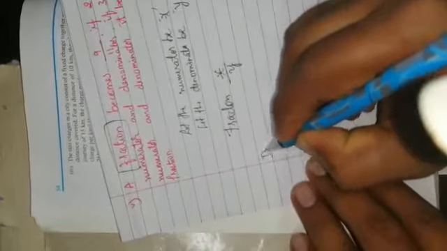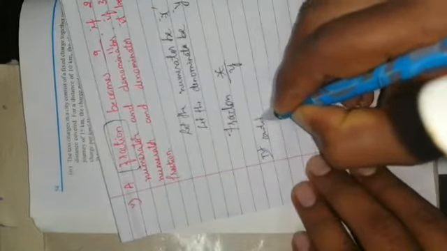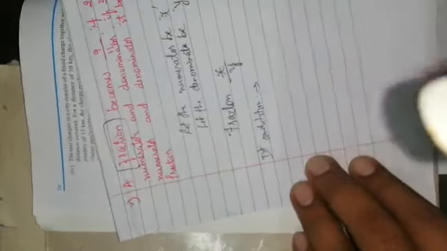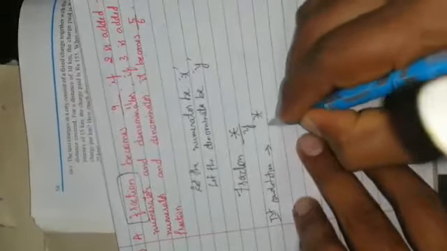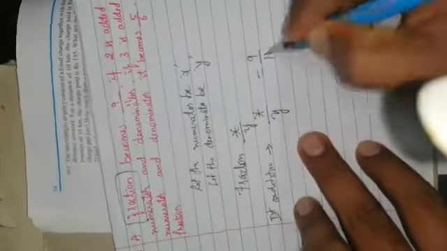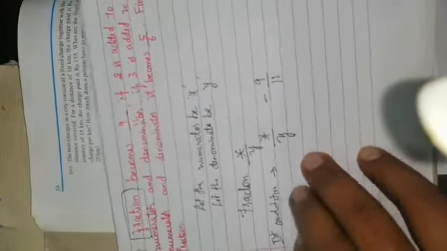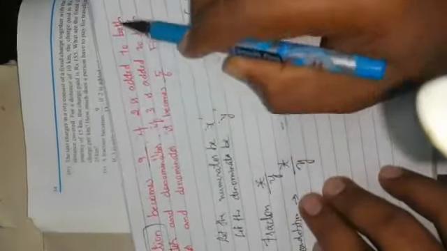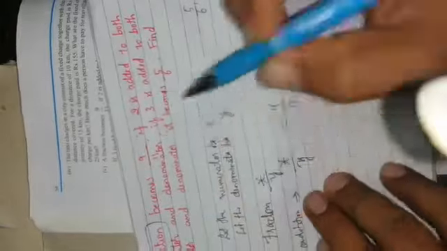So what is the first condition? See, a fraction, that is X by Y we have taken, becomes 9 by 11 if 2 is added to both numerator and denominator.